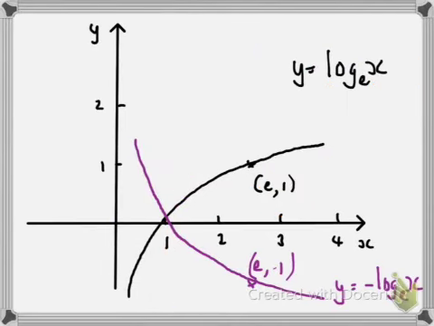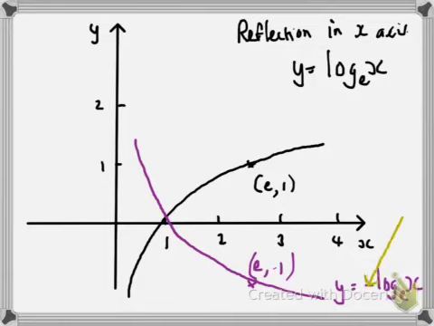Then we've got reflections. First of all, in the x-axis. If the negative is out the front of the log expression, it reflects it in the x-axis. And you can see there the points have been reflected to the other side of the x-axis.